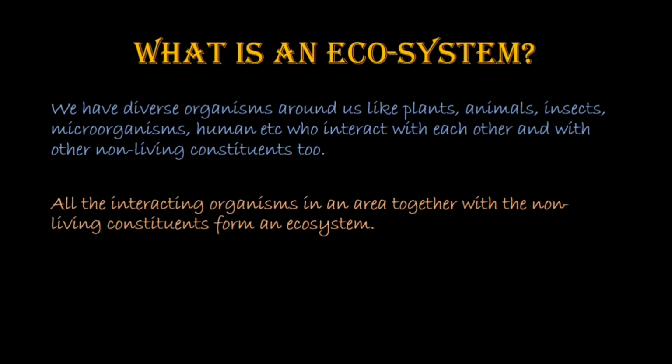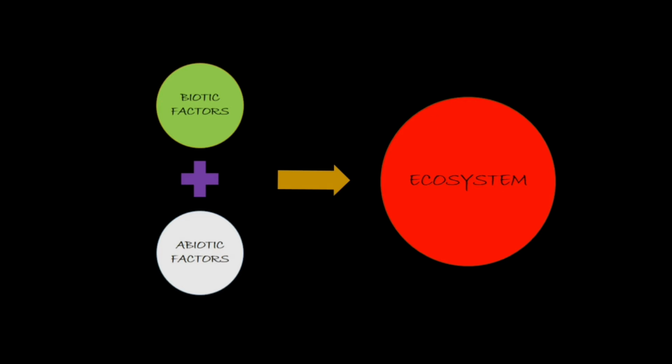So ecosystem is the interaction between living and non-living things, whereas in environment we learned about all the non-living objects which are creating a situation, right? Ecosystem is made up of biotic factors, that is the living objects, and abiotic factors, that is non-living objects, right?